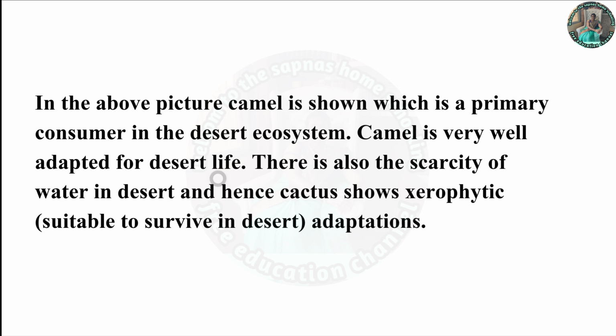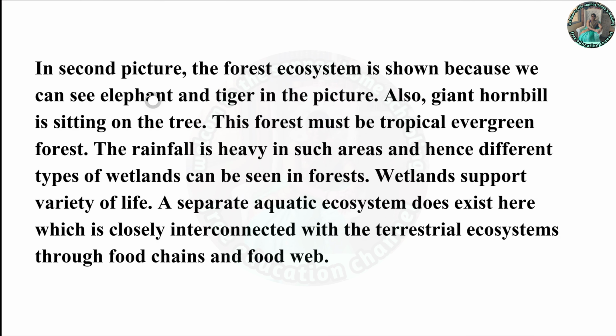Camel is very well adapted for desert life. There is also a scarcity of water in the desert, and hence cactus shows xerophytic adaptations suitable for survival in the desert. In the second picture, the forest ecosystem is shown because we can see elephant and tiger in the picture.